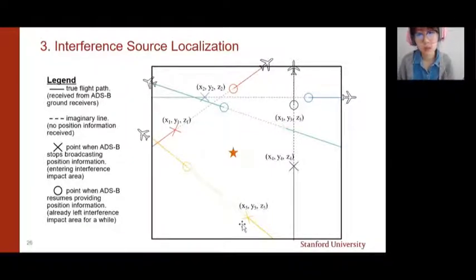Based on our assumption, those cross points should be exactly on the boundary of the impacted spherical area. However, the circle point should not be exactly where the airplane leaves the impact area. In fact, it should be further away from the impact region.